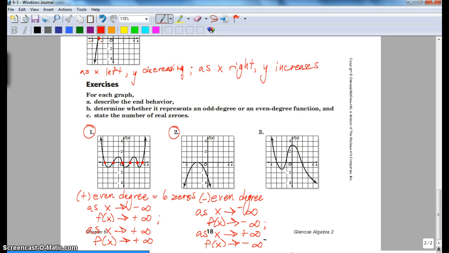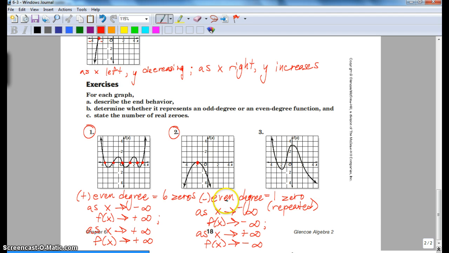As far as the real zeros, well, looks like there's only 1 there. Now here's the deal. That 1 zero doesn't technically match with the fact that it's an even degree function. So technically what we do then is refer to this as a repeated zero.